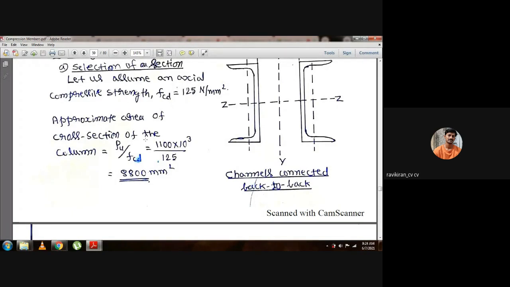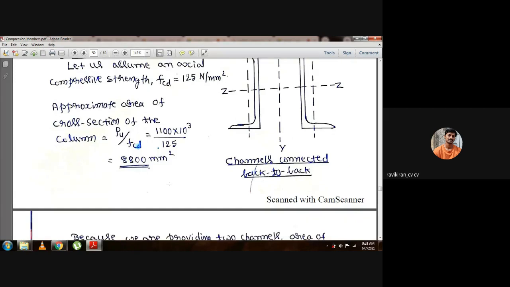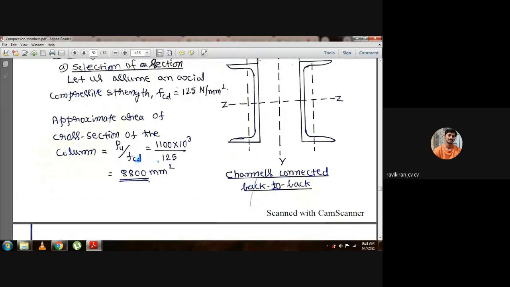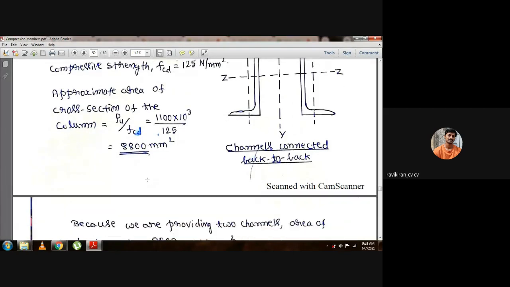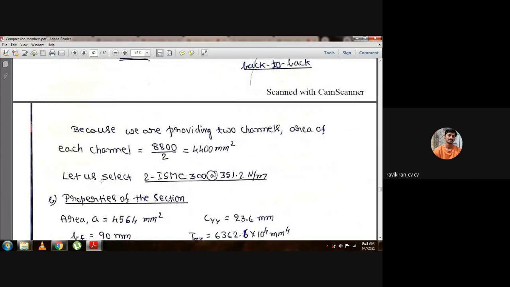So using this FCD and PU values, we get area as 8800 mm square. This area is a combination of two channel sections, so for each channel it will come 4400 because we are providing two channels. Area of each channel will become 4400 millimeter square.